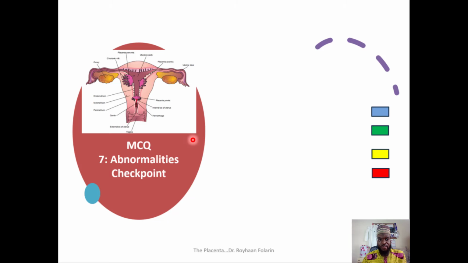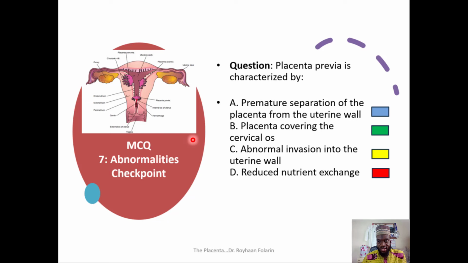Placenta previa, what is it characterized by? Is it premature separation of the placenta from the uterine wall, the placenta covering the cervical os, abnormal invasion into the uterine wall, or reduced nutrient exchange? So the correct answer comes with the green card again.